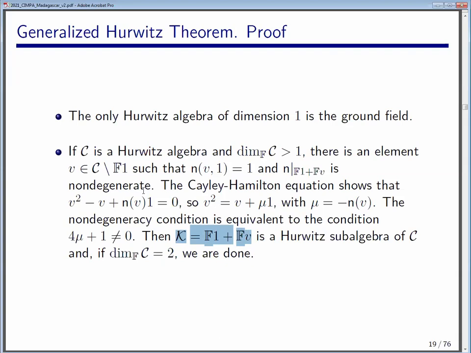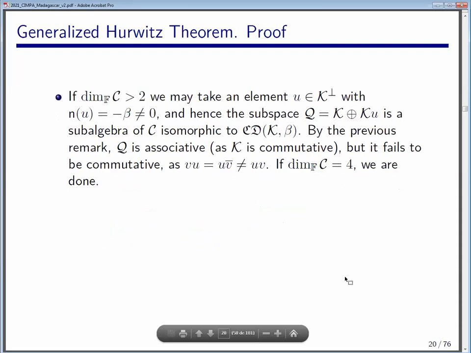If not, we have a two-dimensional nice subalgebra of C. So if the dimension is 2, we have finished. If not, this is a nice subalgebra K that we have obtained so far. And now we take an element orthogonal to K with non-zero norm. And now we apply what we know.